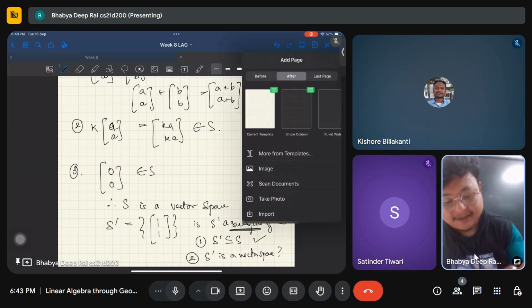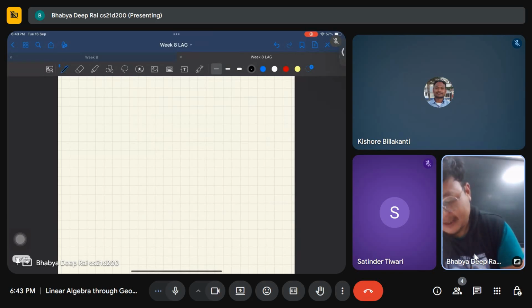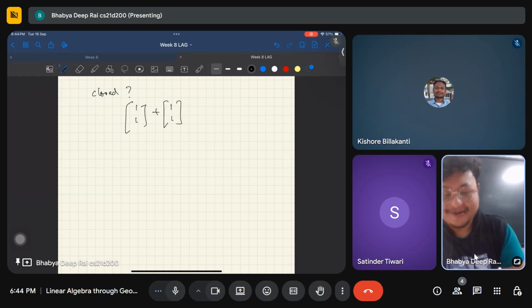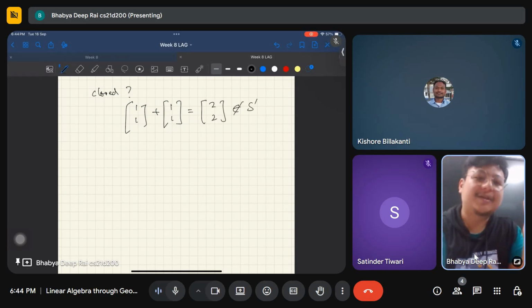If S prime is a subspace, is it closed under addition? You just have one element. No, it's not necessarily closed under addition, because if I add (1, 1) and (1, 1), I'll get (2, 2), which does not belong to S prime, because S prime only contains (1, 1). It's not closed under addition.